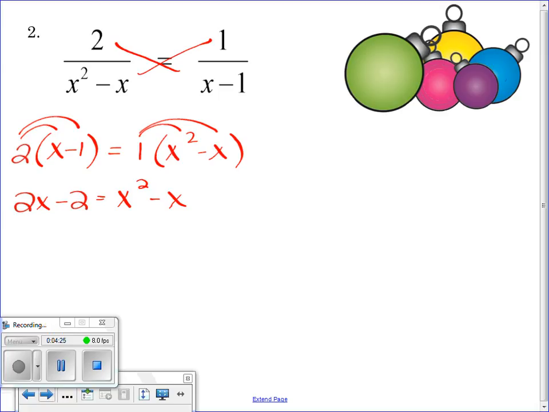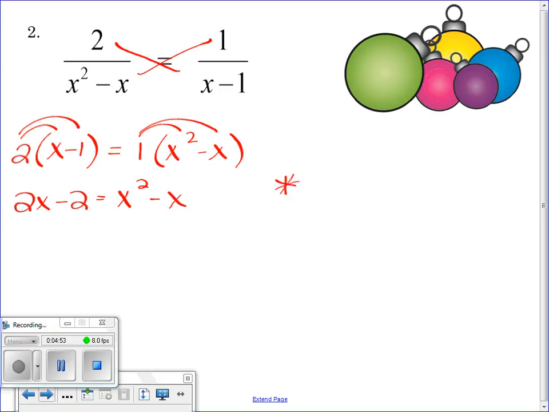Maria? Oh, 2x plus x is, that's 3x. Not going to help me. Colton? There it is. Yeah.